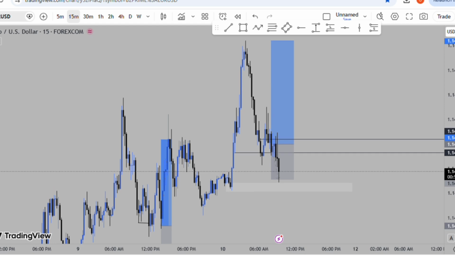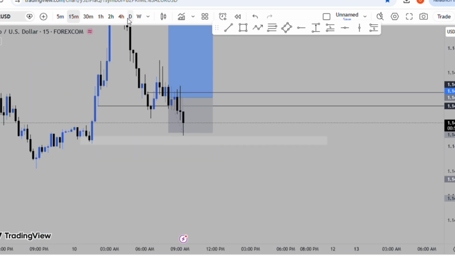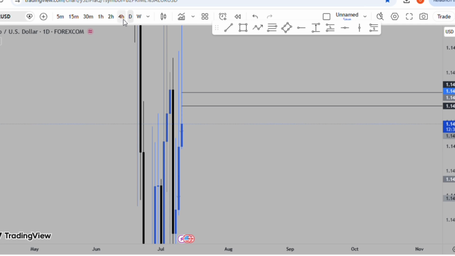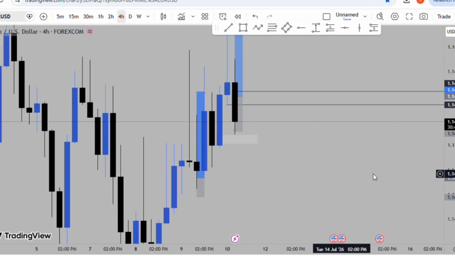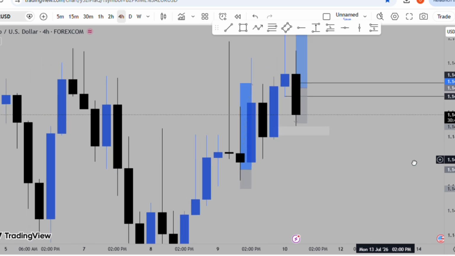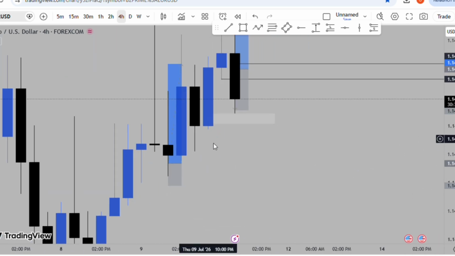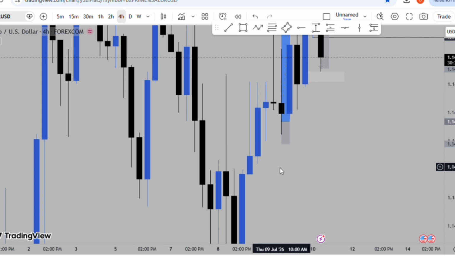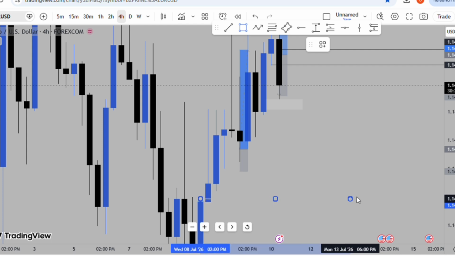Now this also shows a change of direction from the market. Change of direction from the market, I think so. So where are we heading to? Is there any fair value gap over here? Is it a valid fair value gap over here?